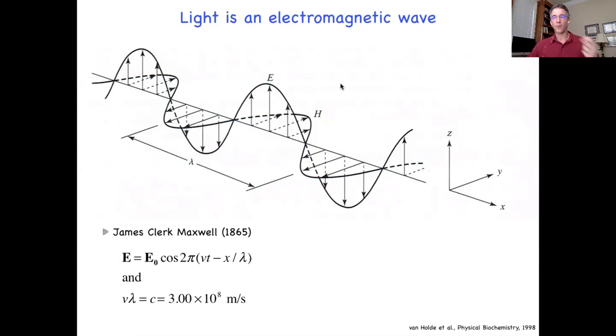And then not 40 years, 30 some odd years later, along came the great German physicist by the name of Max Planck, who was studying blackbody radiation. And he realized that you could not quantitatively explain the behavior of the frequency distribution of blackbody radiation using Maxwell's wave description of light.